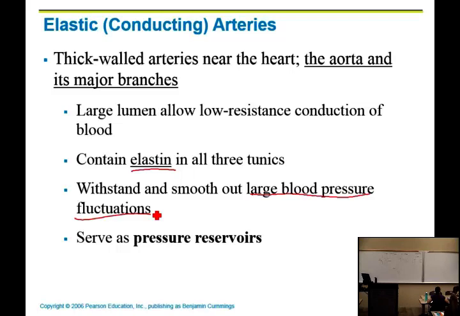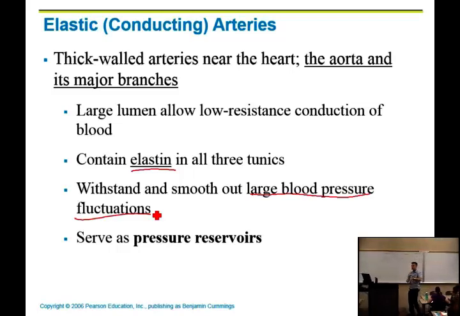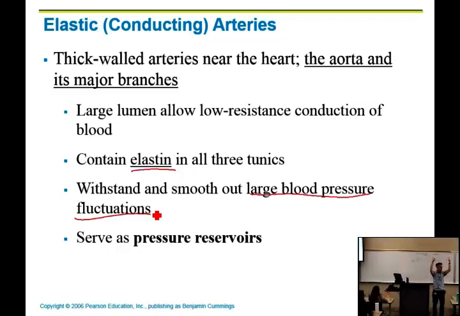So high pressure, but what happens when the ventricles are relaxing and filling, when they go into diastole? It's resting, exactly. So the heart's resting. We're not pushing any more blood into those arteries. Does that mean the blood flow just stops? Like it goes, whoa, and then it stops, and then it goes, whoa, and then it stops? Like the way your mom drives your car that drives you crazy? No, it's a continuous flow.